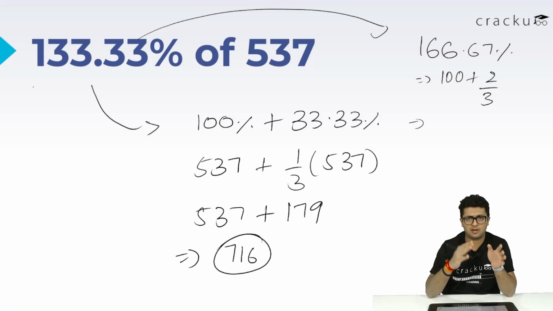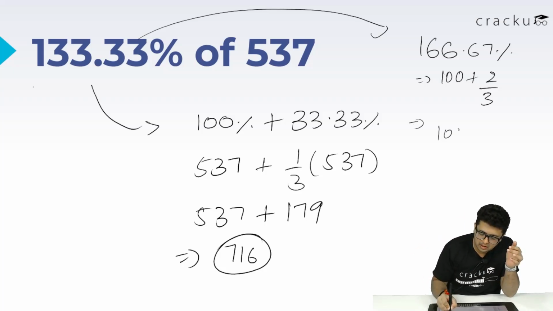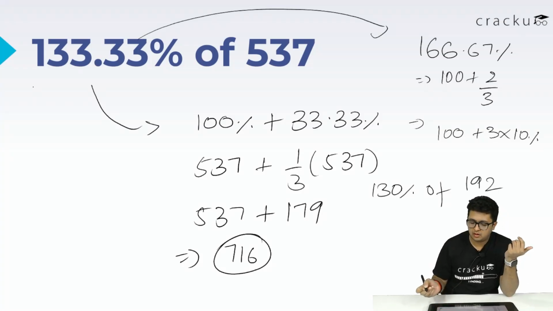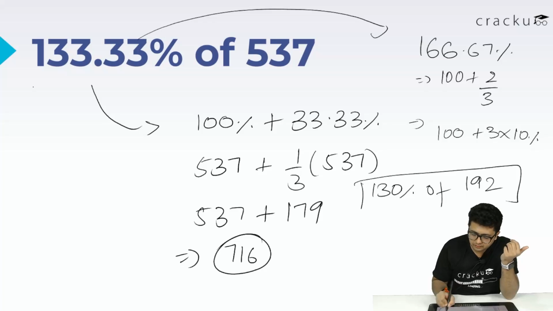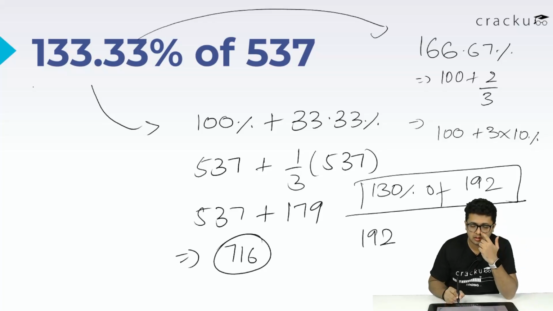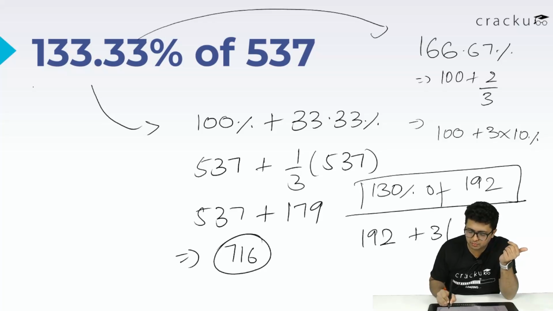130% is nothing but 100 plus 30%, right? 100 plus, and then we can write that as 3 into 10%. So if I were to calculate 130% of, let's say, 192, I can write 100% of 192 as 192 itself. And then 30% of 192 I can write as 3 into 10% of 192, which will be 19.2.